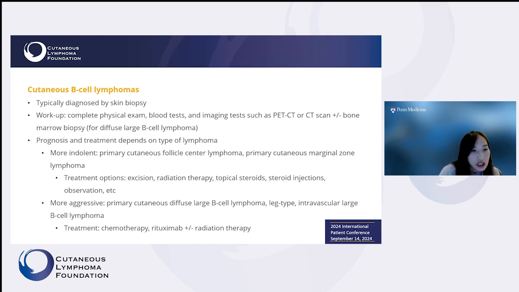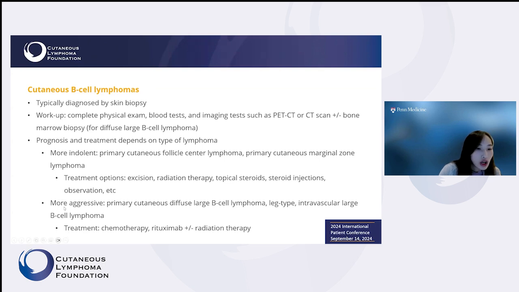And your prognosis and treatment depends on the type of lymphoma that you have, similar to T-cell lymphomas. There are more indolent types of B-cell lymphomas like primary cutaneous follicular lymphoma and primary cutaneous marginal zone lymphoma, which can be treated with excision where we just cut out the lesion, or you can get radiation, or sometimes we can do creams, or we can inject steroids directly into the lesion. And sometimes, since it's such an indolent lymphoma, we don't do anything and we just watch and monitor the patients.